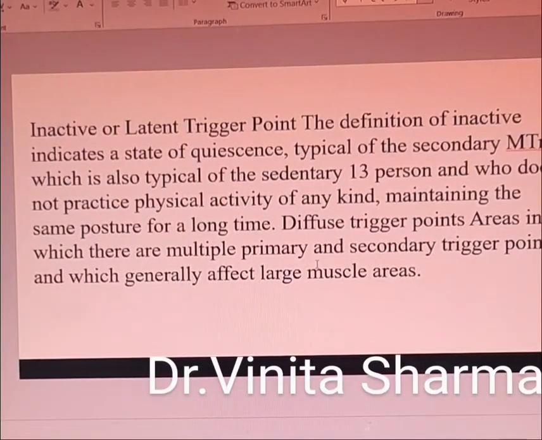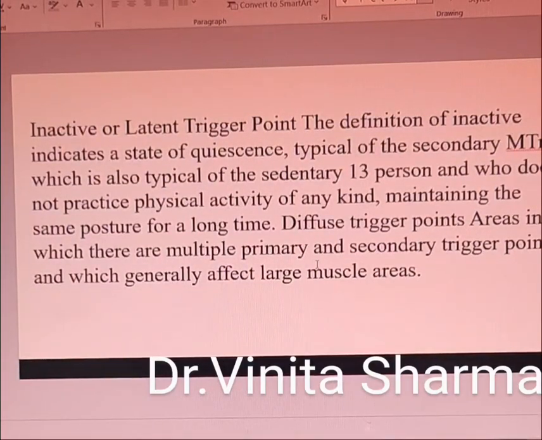The definition of inactive indicates a state of consequence, typically of the secondary myofascial trigger points, which is also typical of sedentary people, who don't do any work or go for any activity, who do not practice physical activity of any kind, or who maintain the same posture for a longer duration, like people with sitting jobs for long durations, or patients who have prolonged standing positions.